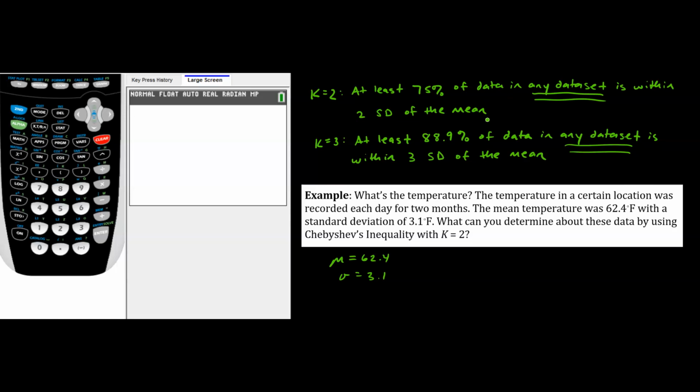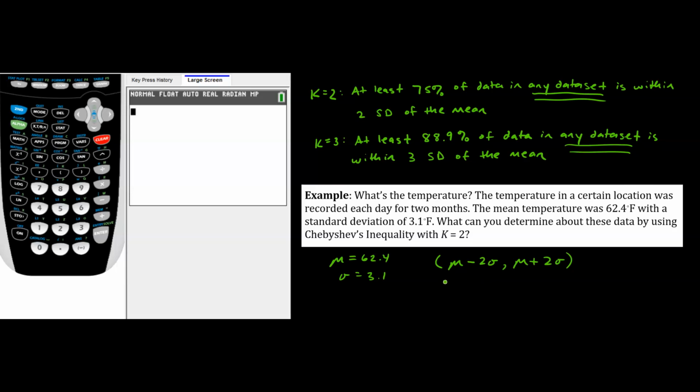So how do we denote 75% of the temperatures are within 2 standard deviations of the mean? Well, what you do is you create an interval and you say that interval is going to be the mean minus 2 standard deviations up to the mean plus 2 standard deviations. So all we need to do now is substitute in our mean and our standard deviation.